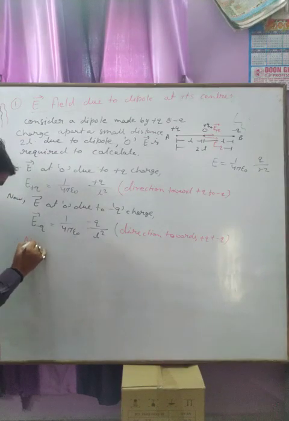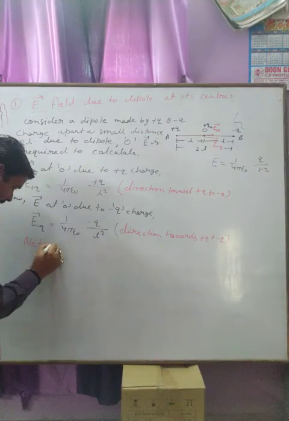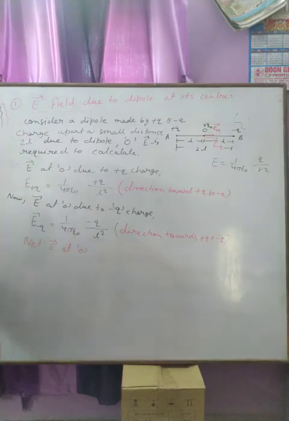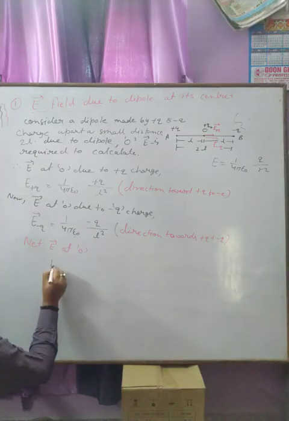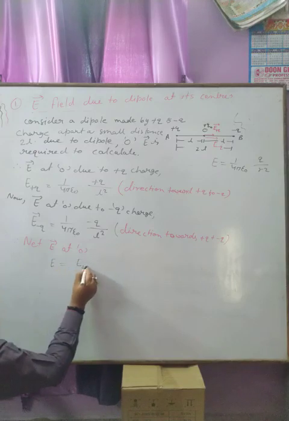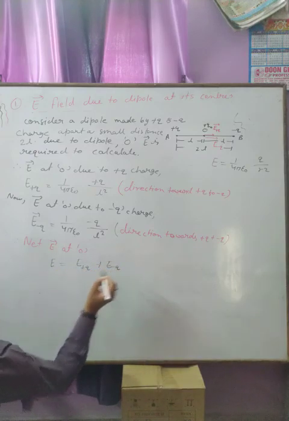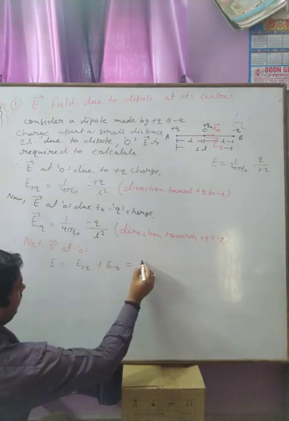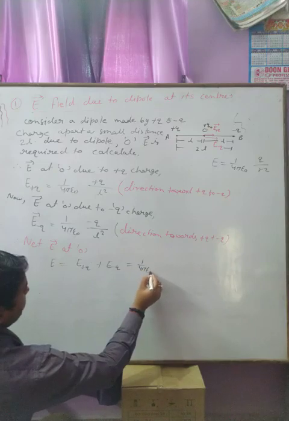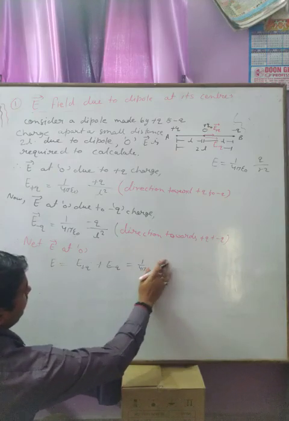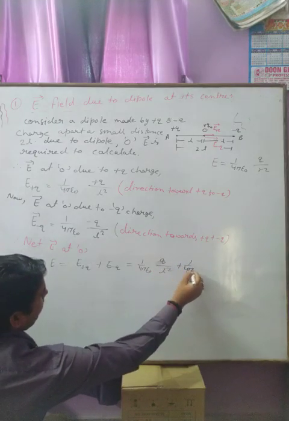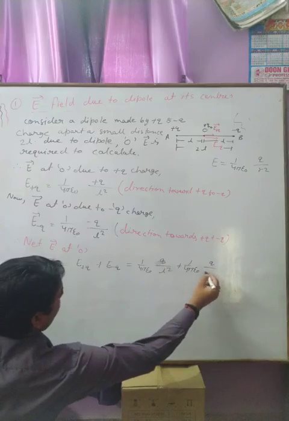Therefore the net electric field at O, we are calculating this value. E is equal to E plus Q plus E minus Q, and the value is 1 upon 4 pi epsilon naught Q upon L square plus 1 upon 4 pi epsilon naught Q upon L square.